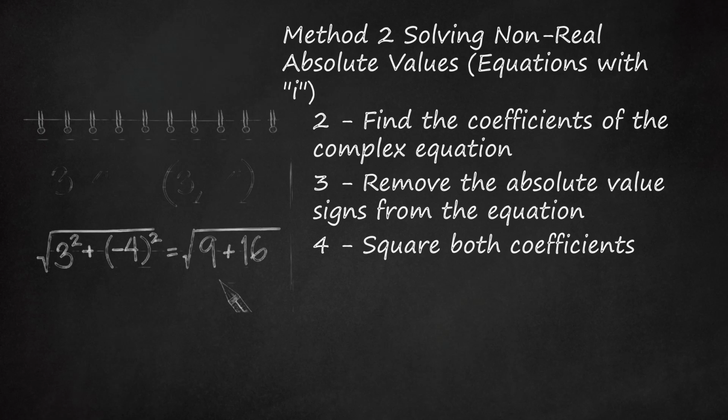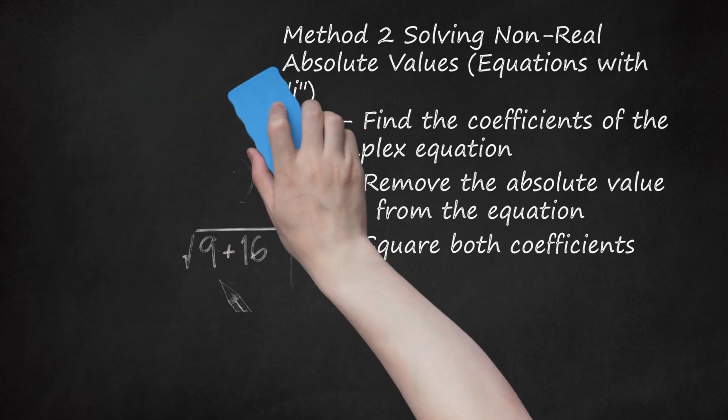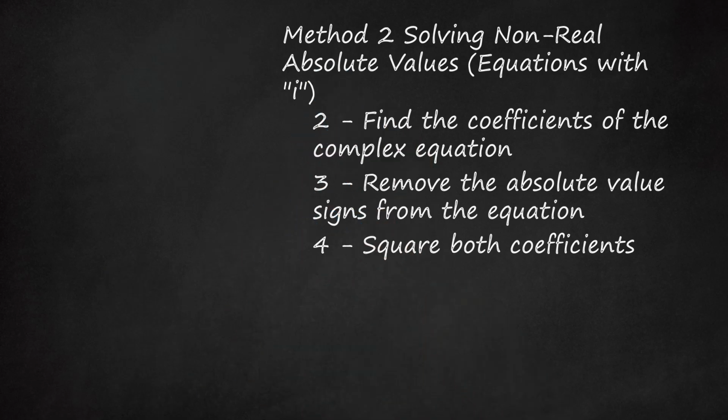Continuing the example 3 - 4i, the coefficients are 3 and 4. The distance formula gives the square root of 3 squared plus 4 squared. Square the coefficients: the square root of 9 plus 16. Note, review the distance formula if you're confused. Also note that squaring both numbers makes them positive, effectively taking absolute value for you.